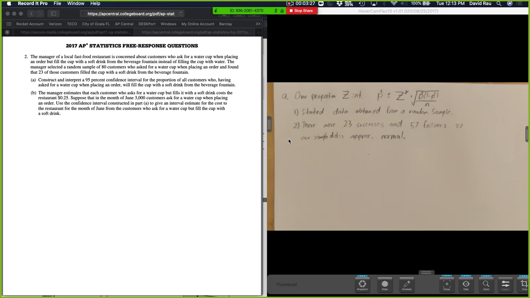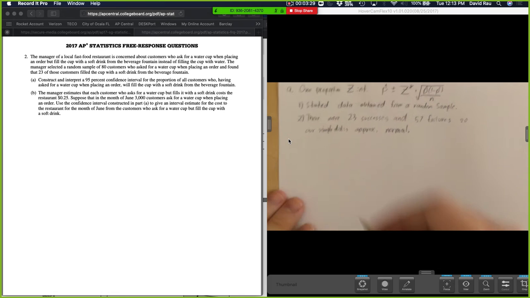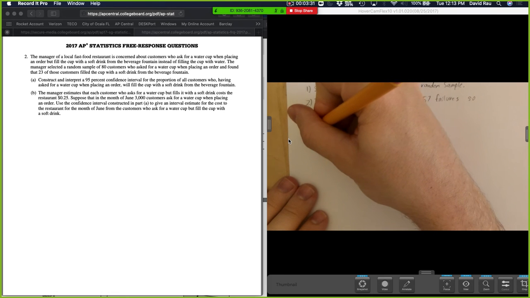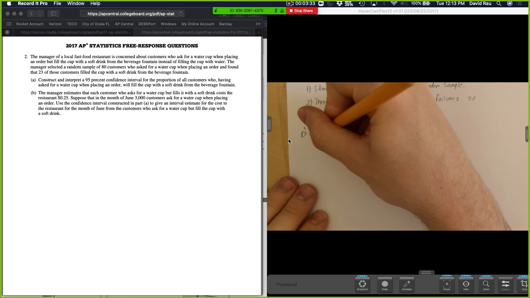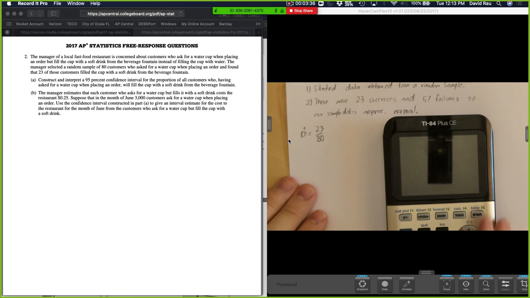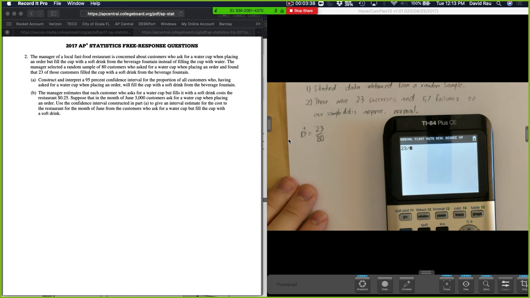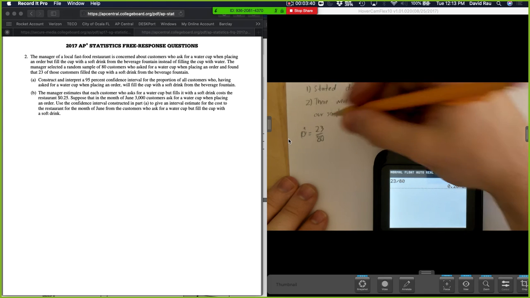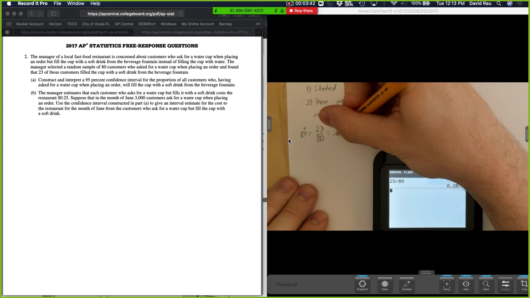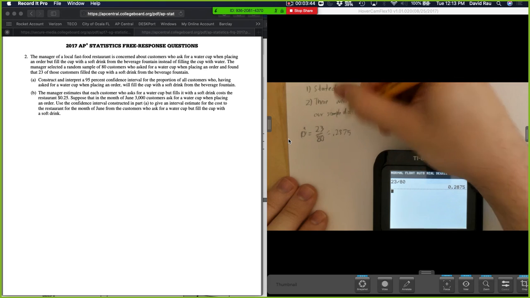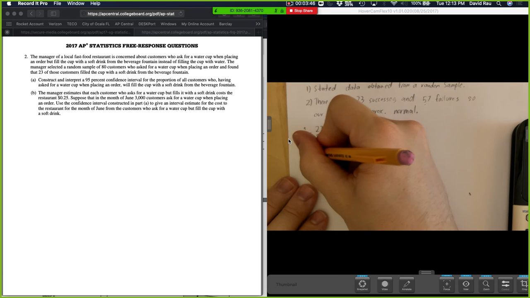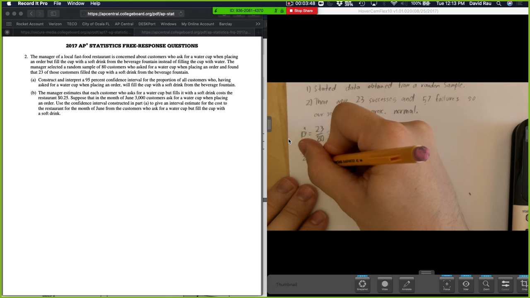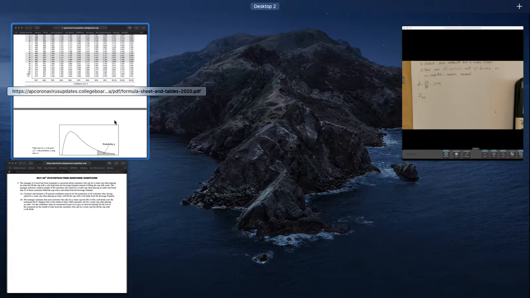All right, now from there, let's compute the interval. Well, p hat is just our 23 over 80, which is 0.2875. Now our critical z value, so z for 95%, you can look at the bottom of the t table.